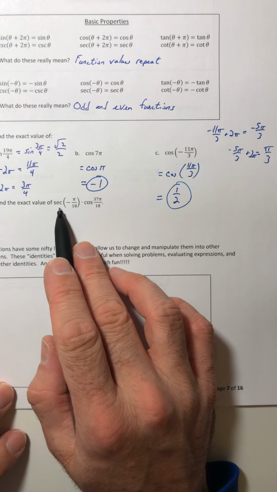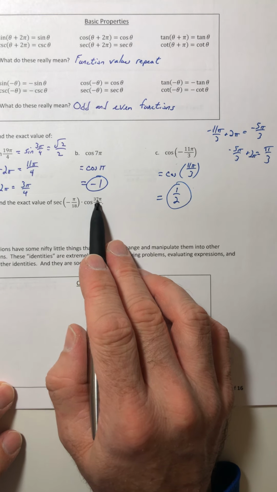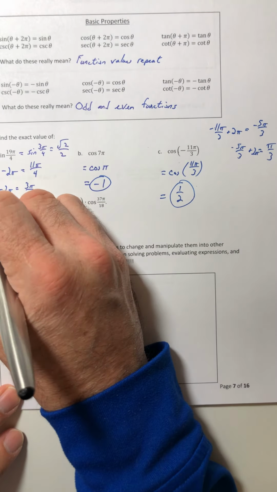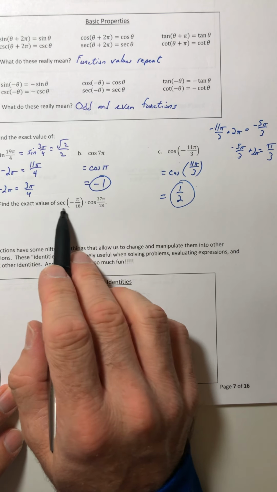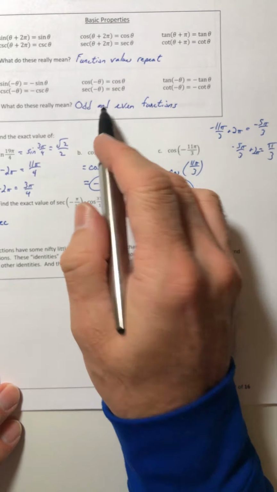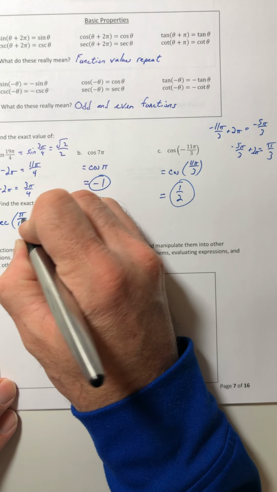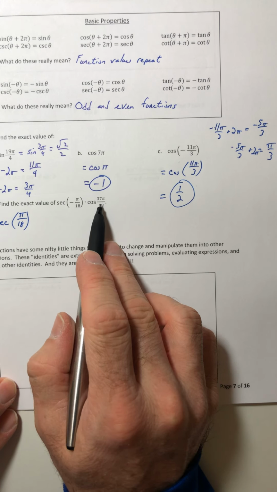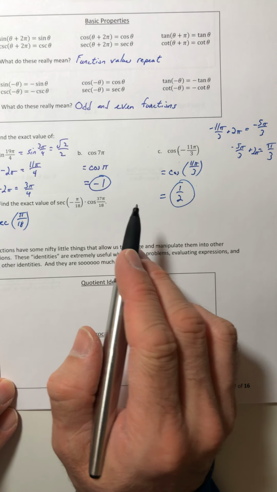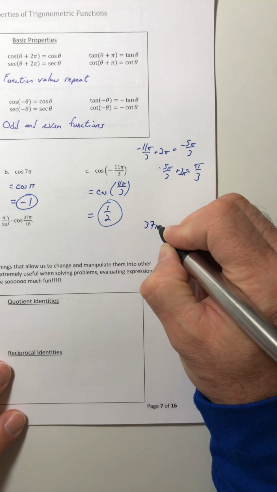Okay, find the exact value of secant of negative pi over 18 times cosine of 37 pi over 18. So in that first one, I'm just going to use the odd even property. So the negative just disappears. For the 37 pi over 18, I'm going to do that over on this side.